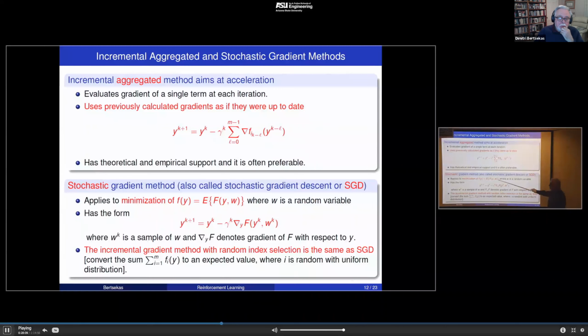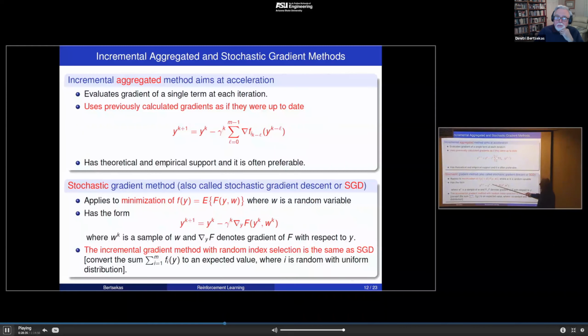However, this one applies to problems where the random variable is continuous. It doesn't have to be discrete. So it's a little bit more general. Generally speaking, it's not a good idea to take this problem here and view it as an expected value problem, because you may be able to utilize the fact that this is the sum of a finite number of components.